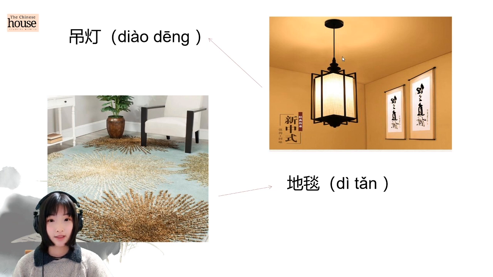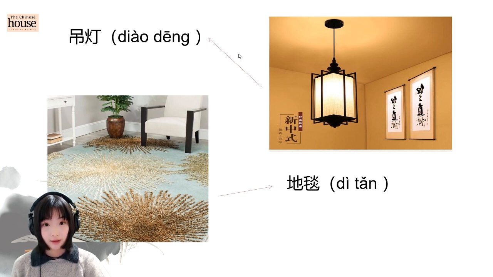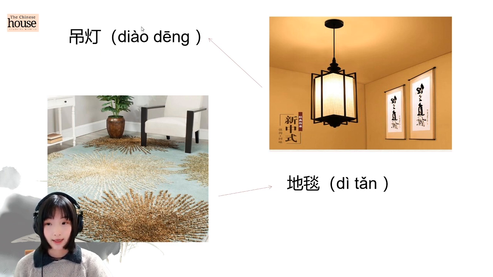And this is a chandelier, Chinese style. It is 吊灯. 吊 means hanging. Then 灯 we have learned is lamp or light. 吊灯.